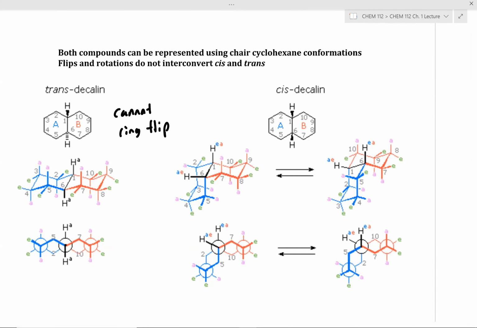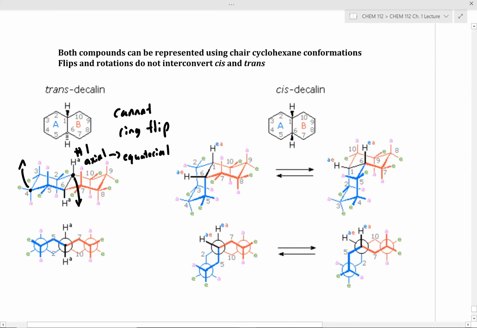We need to bring carbon number 1 down and carbon number 4 up. Now, if you try to actually execute on this ring flip, you'd quickly notice that no matter how hard you try, there's no way to easily bring this axial hydrogen into the equatorial position.